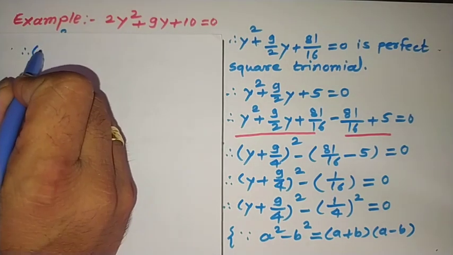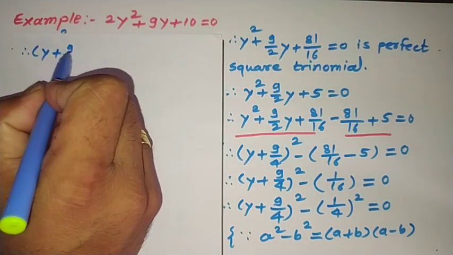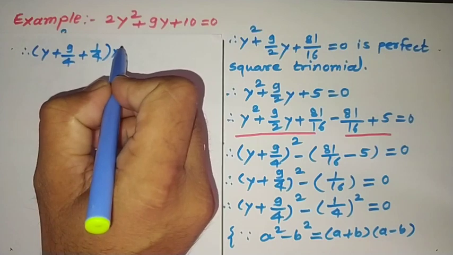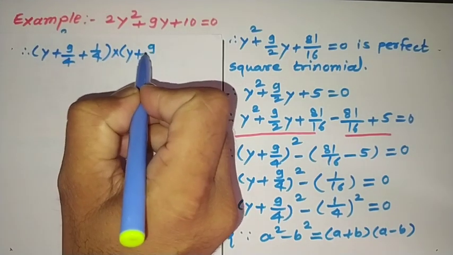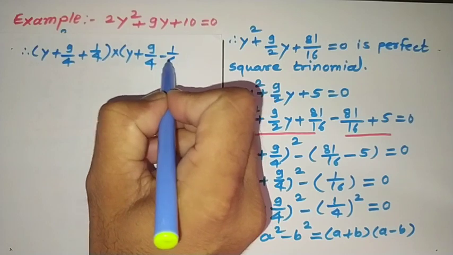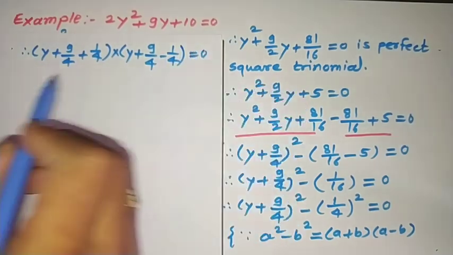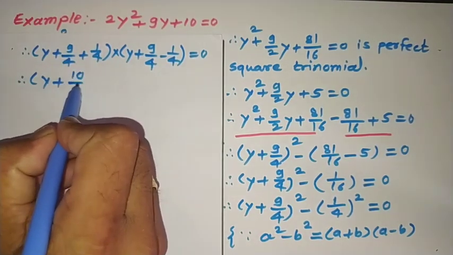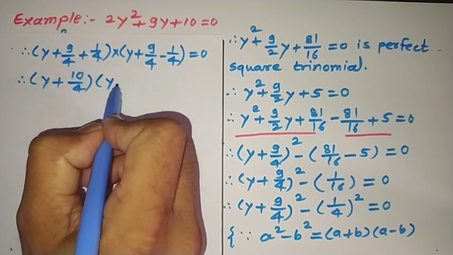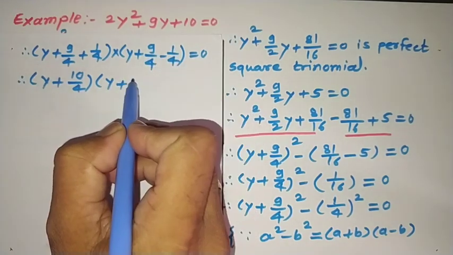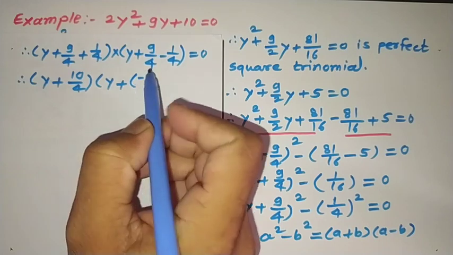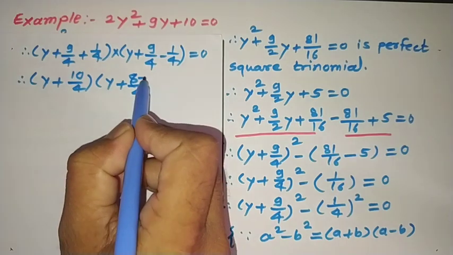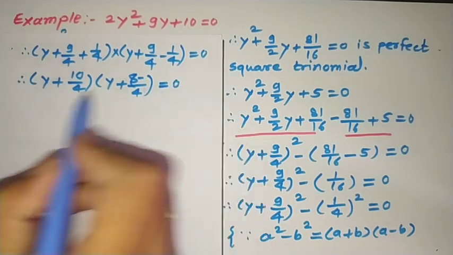Therefore (y plus 9 upon 4 plus 1 upon 4)(y plus 9 upon 4 minus 1 upon 4) is equal to 0. Therefore y plus 9 plus 1 is 10 upon 4 and y plus 9 minus 1 is 8 upon 4 is equal to 0.